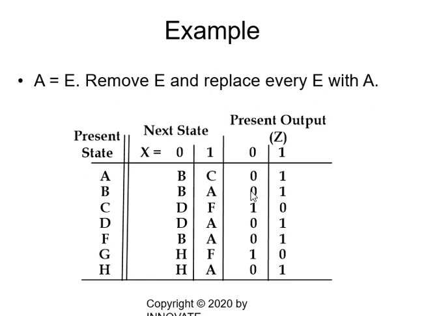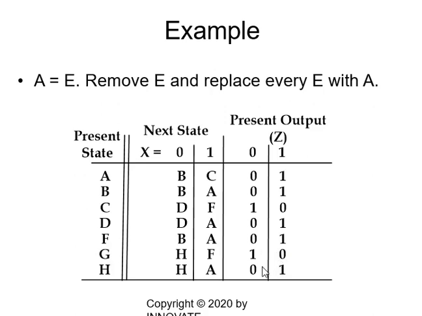Again, the potential equivalence would be between A and B, and D and F, because all of them have the same output, and also H has the same output, which is 0, 1.